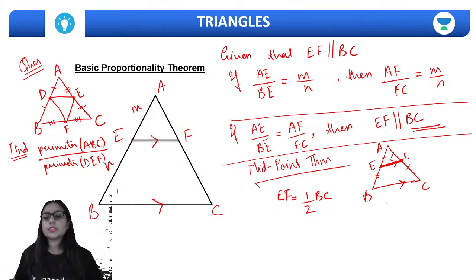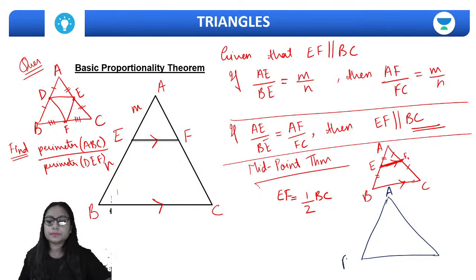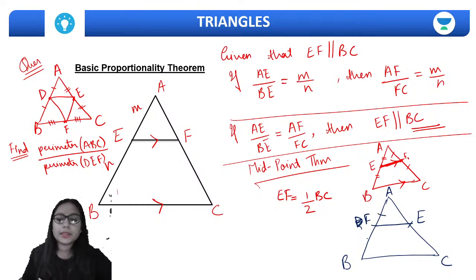See, if I have this triangle ABC, and F and E are the midpoints of sides AB and BC.